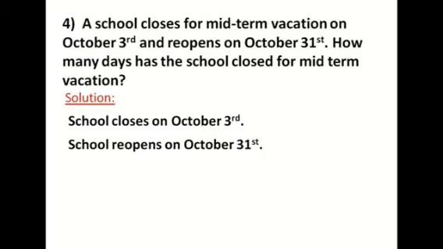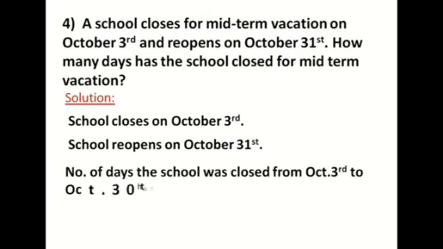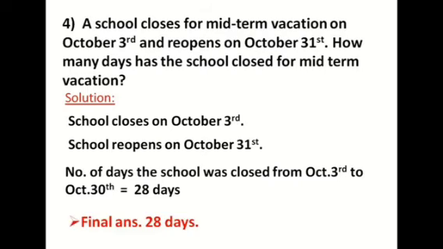Till 30th, how many days? I hope you all counted with me. There are 28 days. So number of days the school was closed from October 3rd to October 30th. It is 28 days. I hope you are clear. So the final answer you can write 28 days.